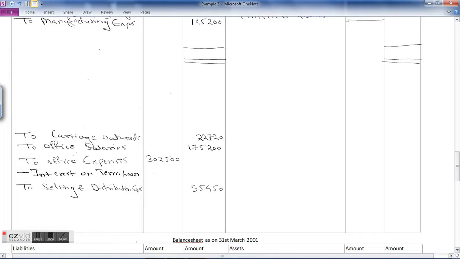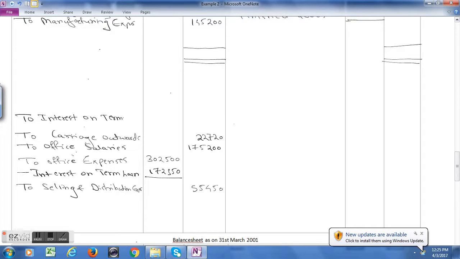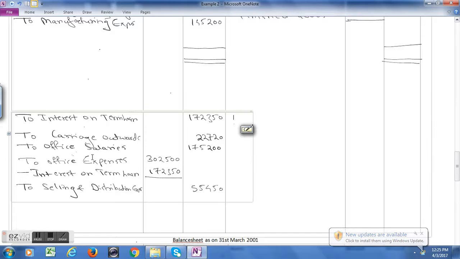Okay, how much is that? Interest on term loan 1,72,350. Then here we have to add it separately to interest on term loan 1,72,350.